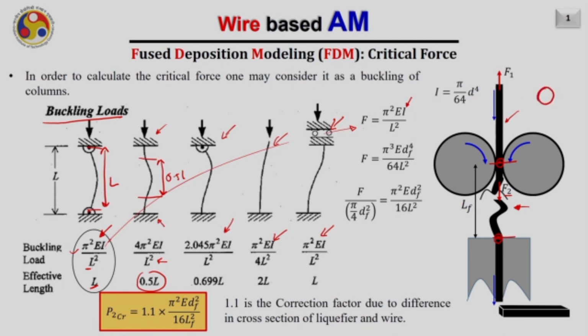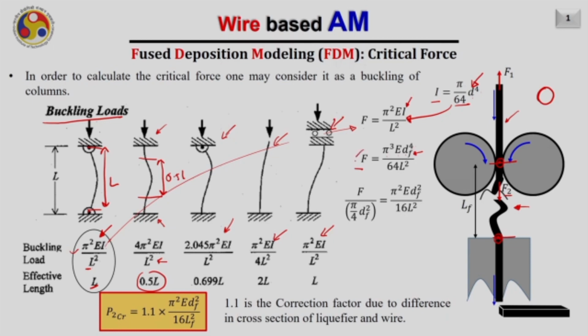Therefore, the minimum second moment of inertia will be I equals pi d to the power 4 divided by 64, where d is the diameter of the wire or the filament. Now replacing this value here, we will obtain the value of F as pi cube E df to the power 4 divided by 64 L square, where df I am writing corresponding to the diameter of the filament.